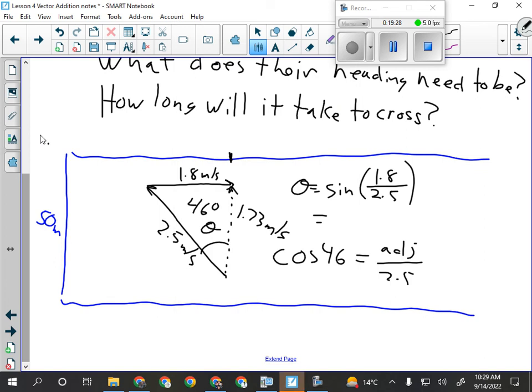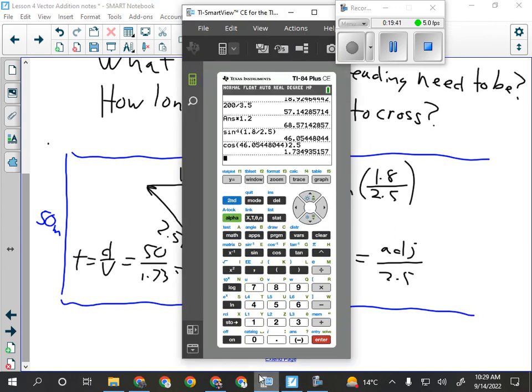All right, so now that I know that, now I can calculate my time. Time equals d over v, so that's going to be my 50 meters divided by 1.73. So it'll take 29 seconds to get across the river.